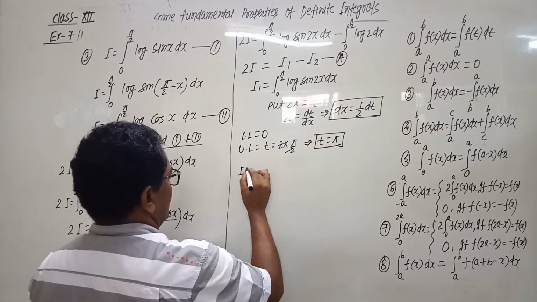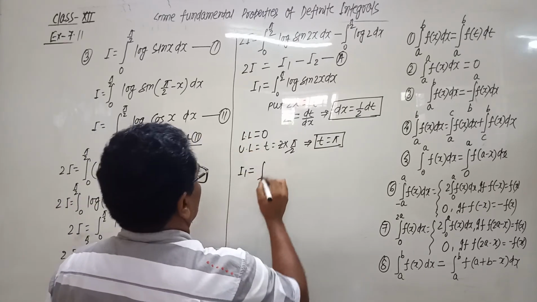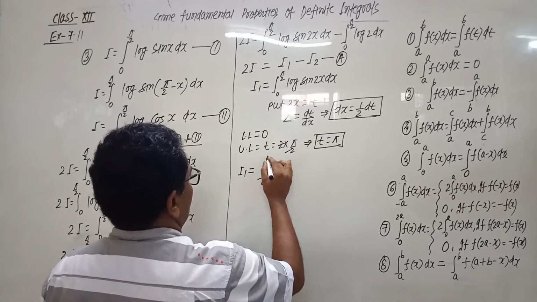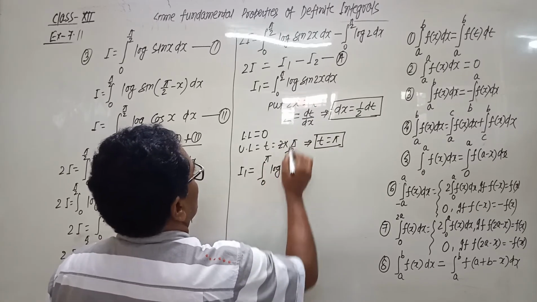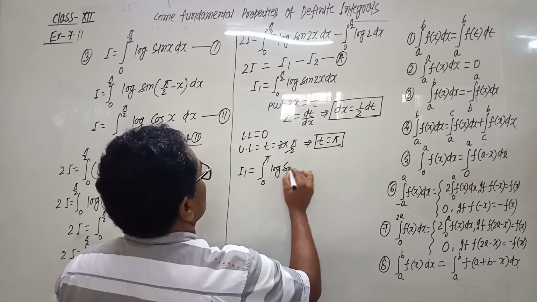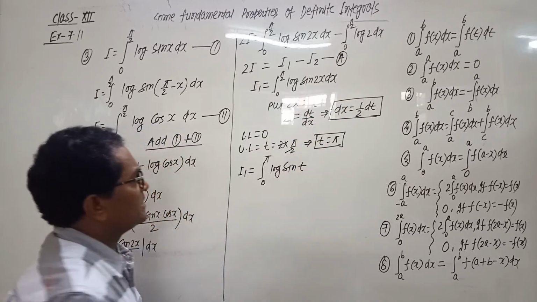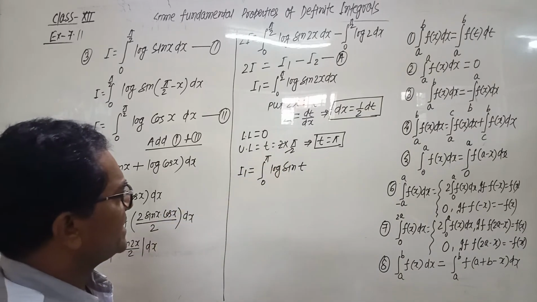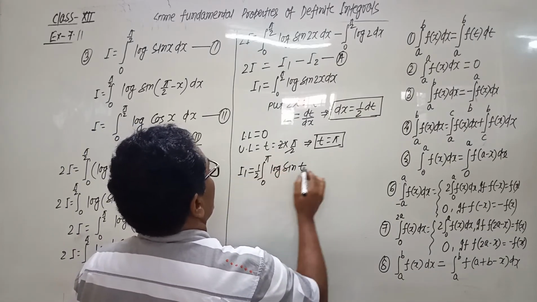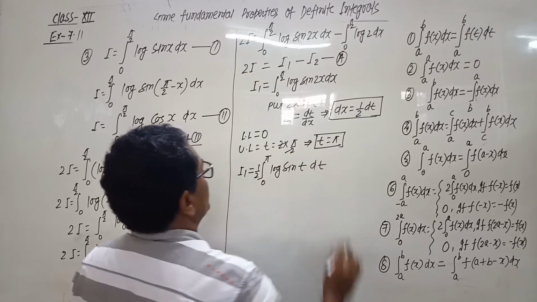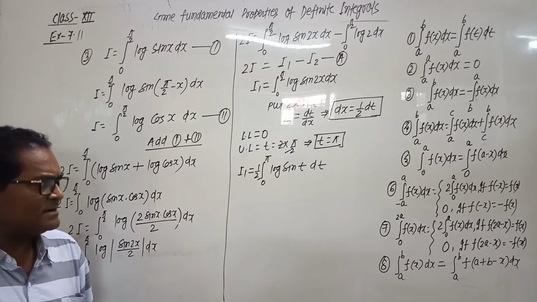Now I1 equals integration from 0 to pi of log sin 2x, where 2x is substituted by t and dx is written as half dt. So it becomes 1 by 2 into integration 0 to pi log sin t dt.